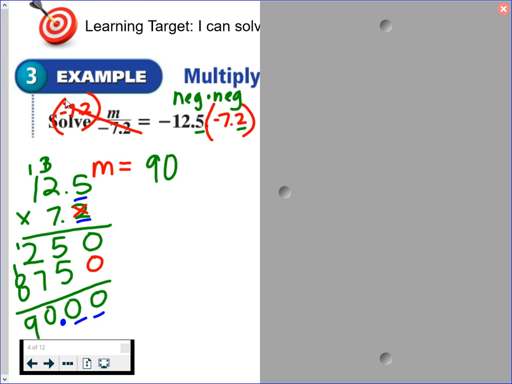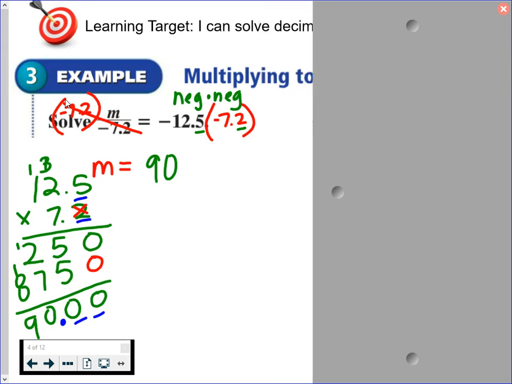So I'm thinking my answer is going to be 90. And since I didn't estimate first, I should estimate second in my checkbox to make sure that I'm even close to the right idea. So negative 12.5, we'll round that to negative 13.